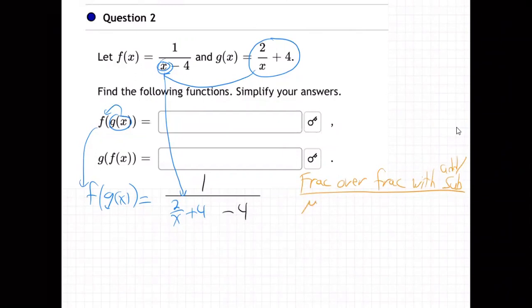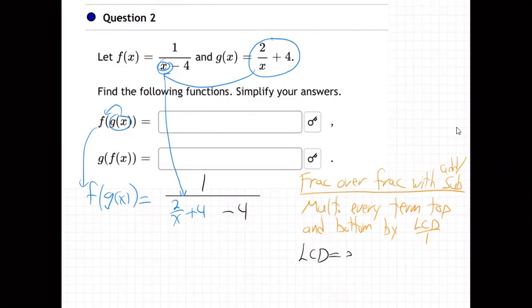You multiply every term, top and bottom, by the LCD over 1. And what is the LCD?